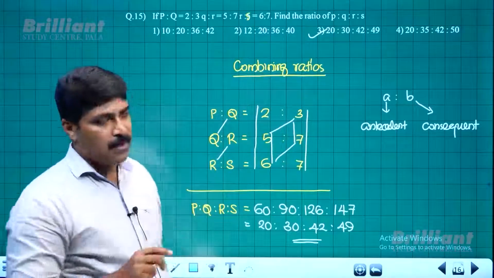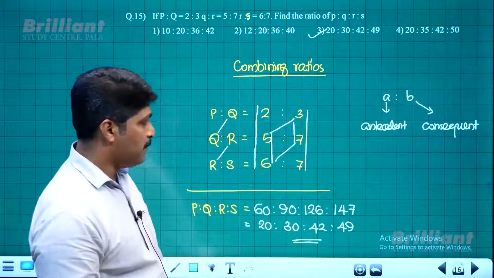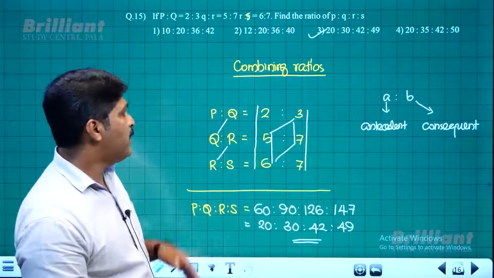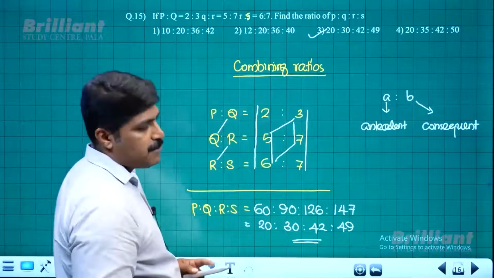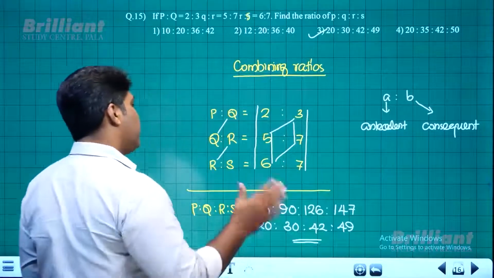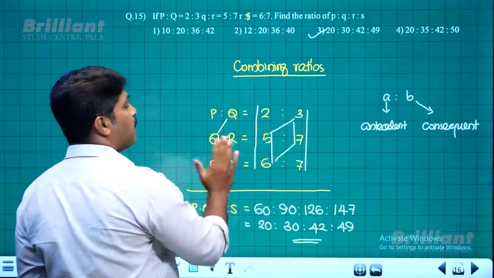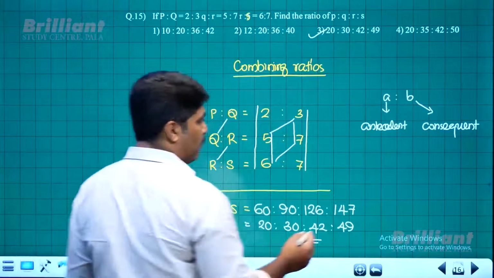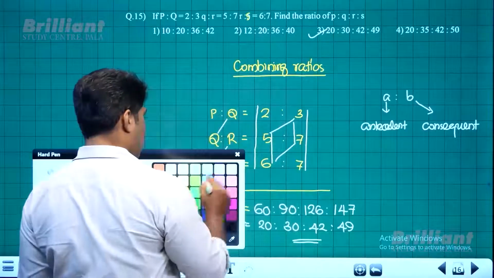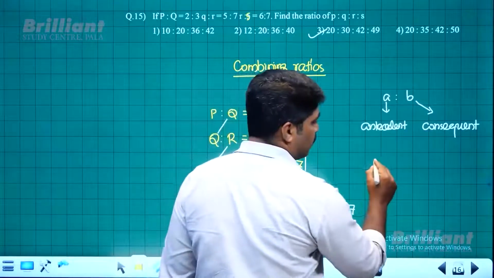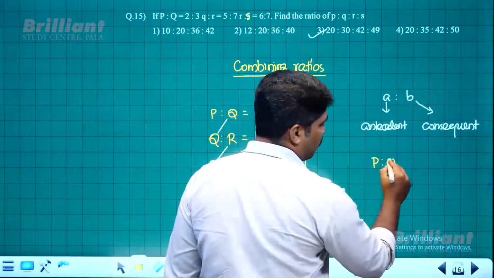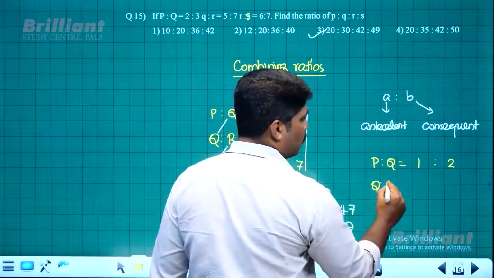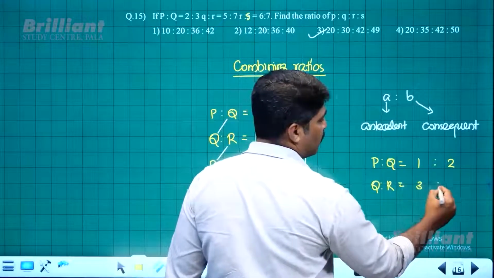Understand the order of combining three ratios here. So this way we can catch. Another arrangement is also possible. That arrangement will help you to combine even two ratios. If we are considering the case of two ratios, the combining method will be like this. I will explain. If you need to combine two ratios, suppose P is to Q is 1 is to 2, and Q is to R is 3 is to 4.